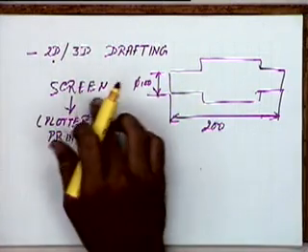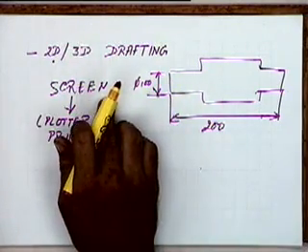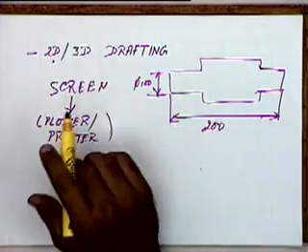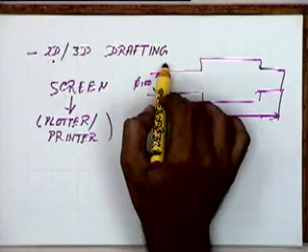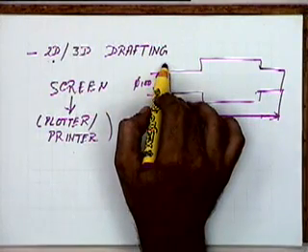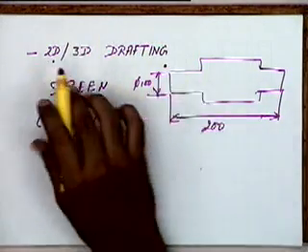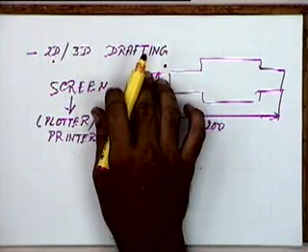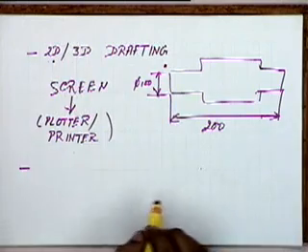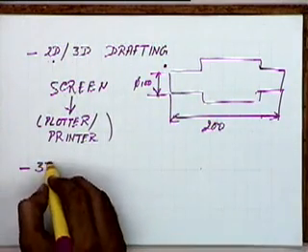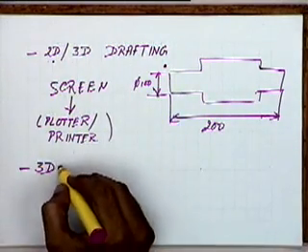The screen will normally be a high resolution screen like a VGA monitor, and the basic application is the drafting application that we are talking about. So this is 2D or 3D drafting. The other kind of activity that is normally included in CAD is what we call 3D or even 2D modeling.